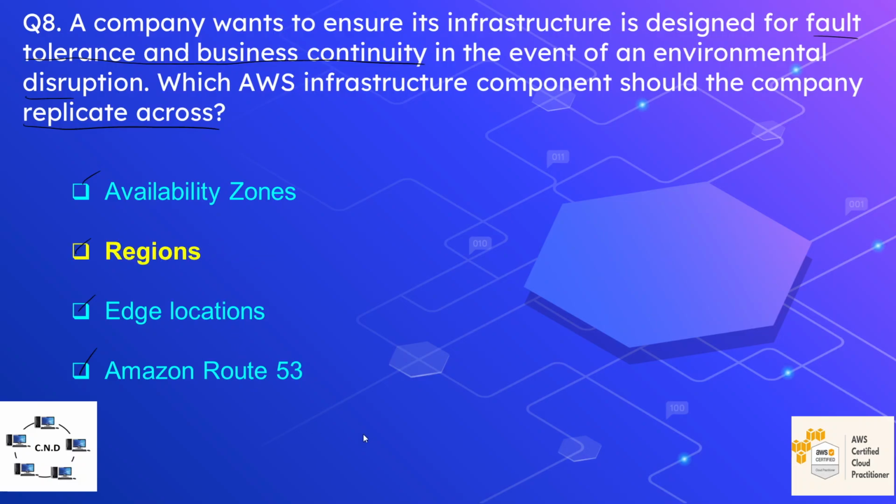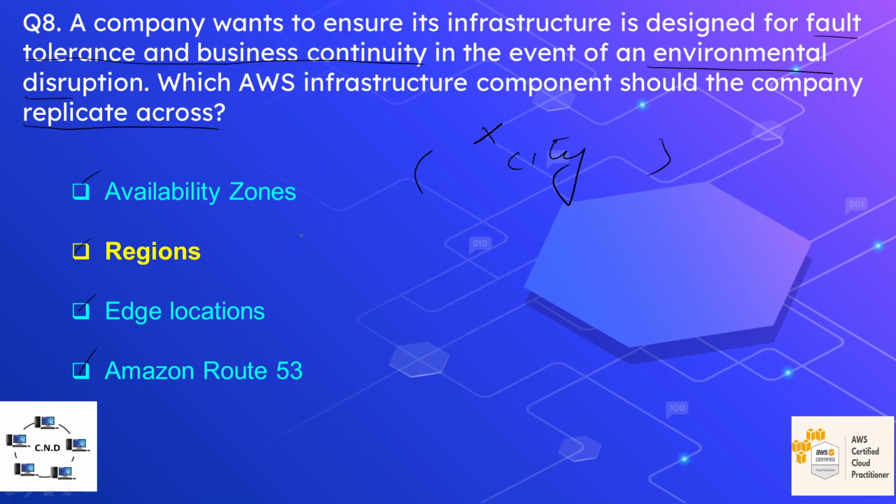So why is it the region? It is because of the keyword: we are talking about environmental disruption. The availability zones are basically located, let's suppose, in the same city. So an environmental disruptor, such as a tornado, will usually disrupt the whole city. While the regions are located, let's suppose, across multiple cities or even across multiple countries.